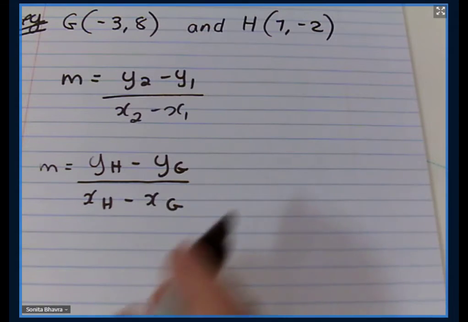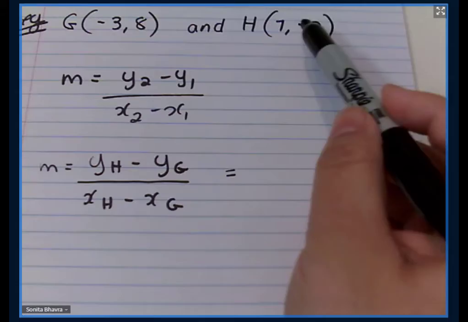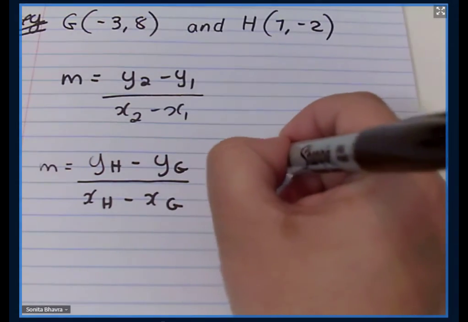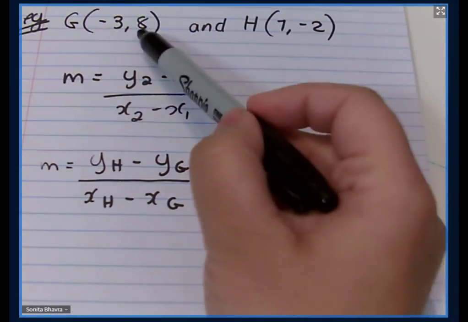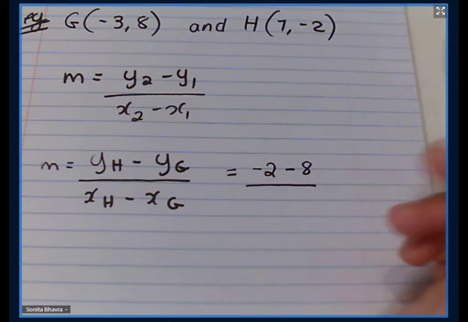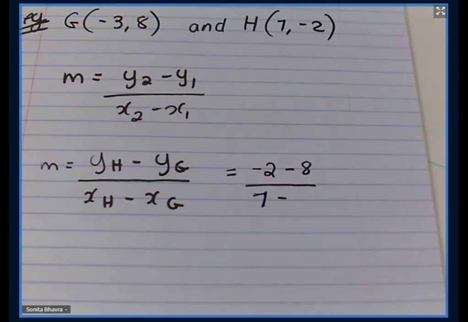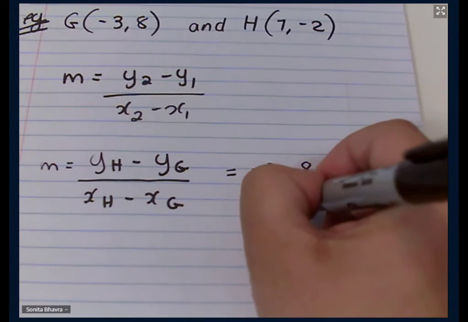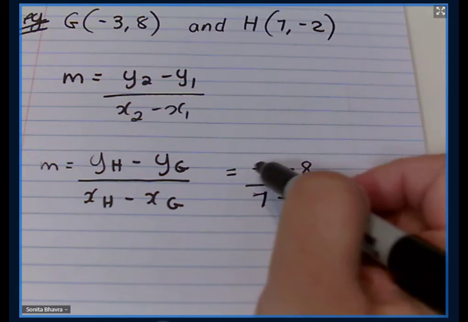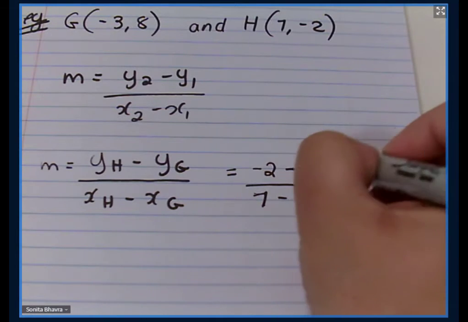All right, so I'm just going to put in the points here. My y value for h is -2 minus my y value for g, which is 8. And then my x value for h is 7, and my x value for g is -3. So -2 minus 8, and then 7 minus -3, which just becomes 7 plus 3.